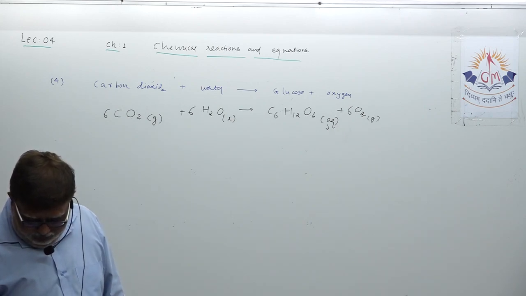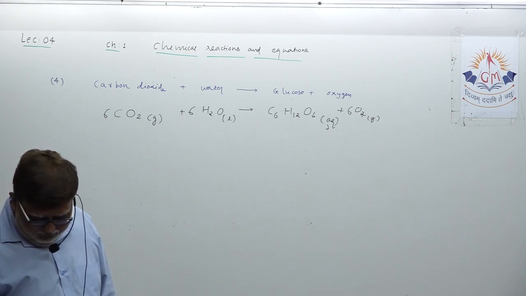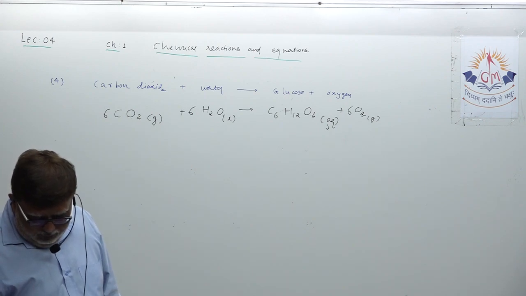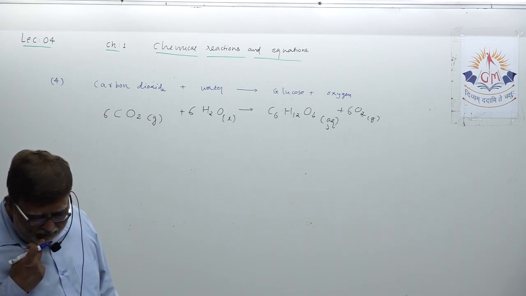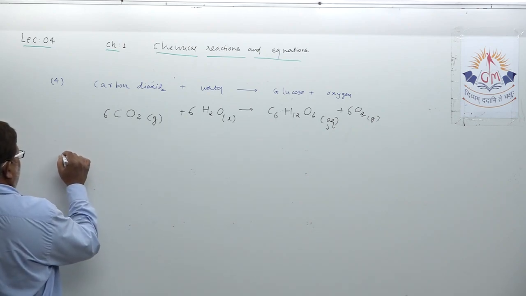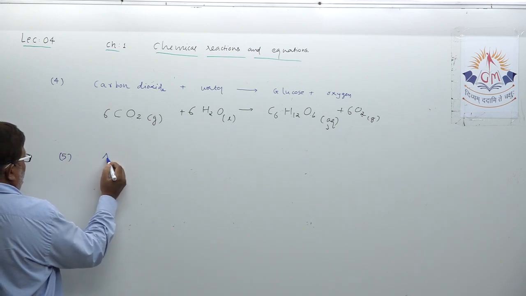I want to take such an equation which can challenge you a little. Suppose, dear student, let me take one more. Equation number 5. I will give enough time for practicing this.